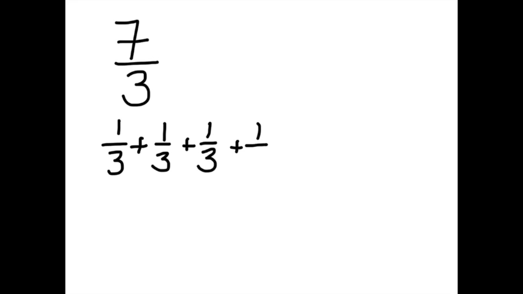The whole number is really how many 3/3s we can fit into the 7/3. So again, 1/3 plus 1/3 plus 1/3, and so on until we have all of the thirds that we're looking for.